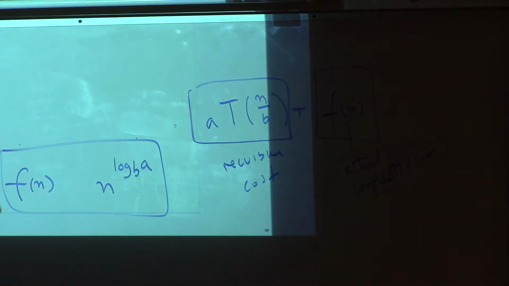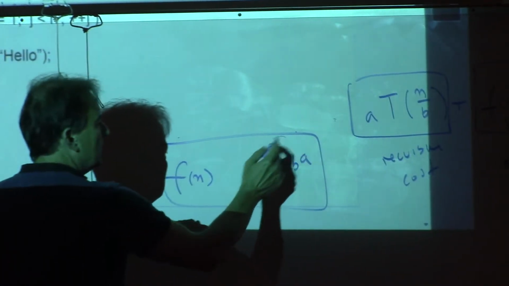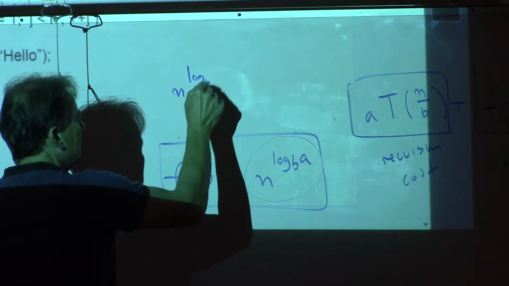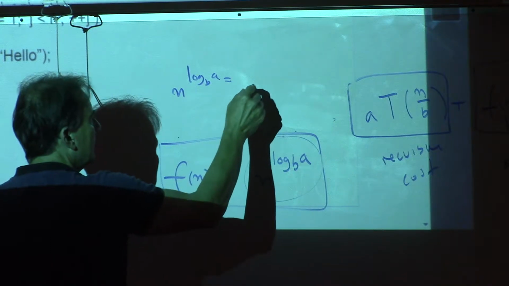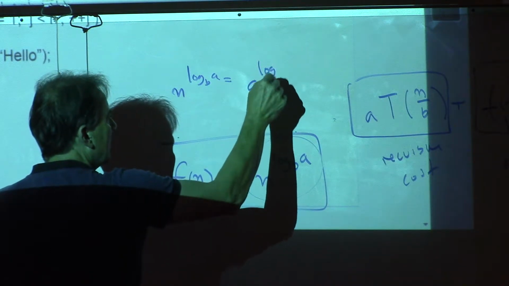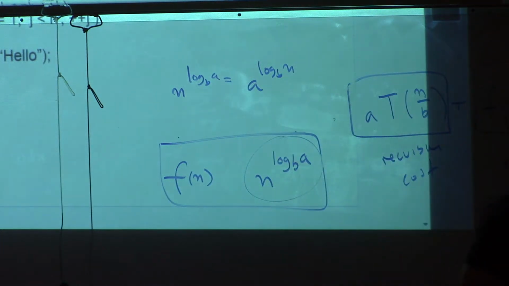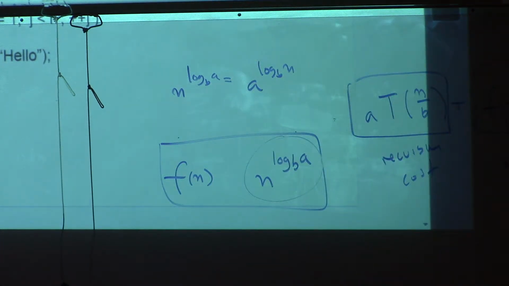We learned in our mathematical discussions earlier in the semester that n to the log b of a is equal to a to the log b of n. You remember that? When we talked about logs. That was one of those cool results that everybody said, wow, this is cool, so what? Well, actually, it's very interesting.